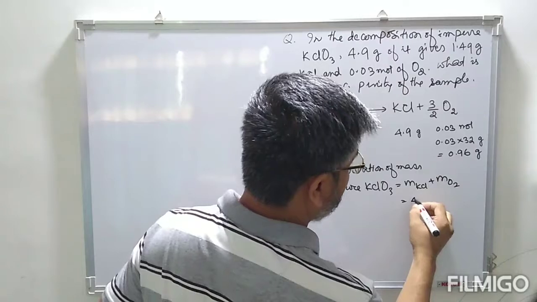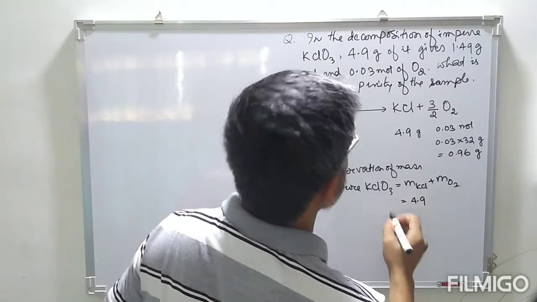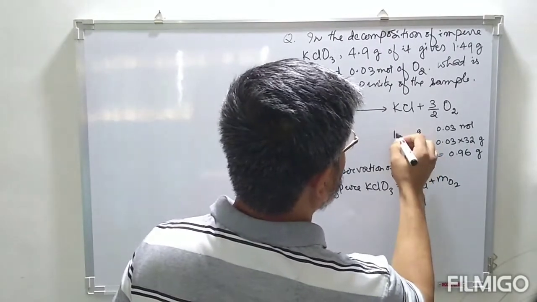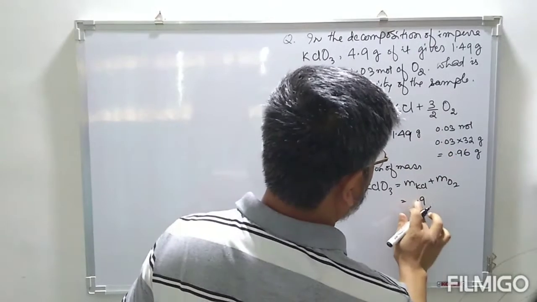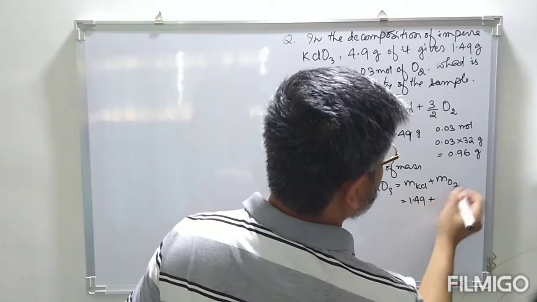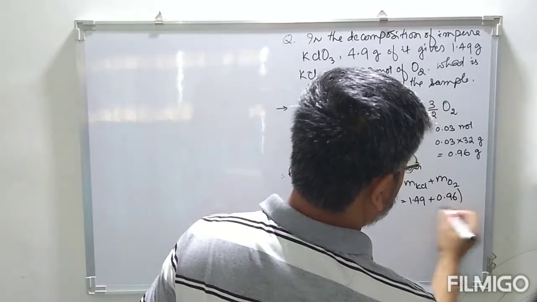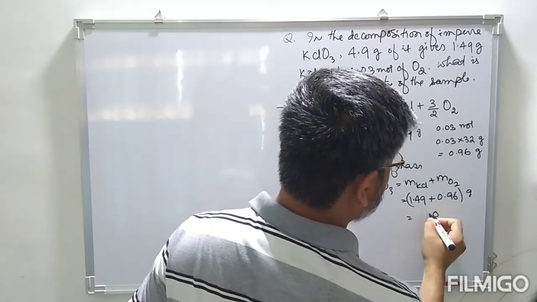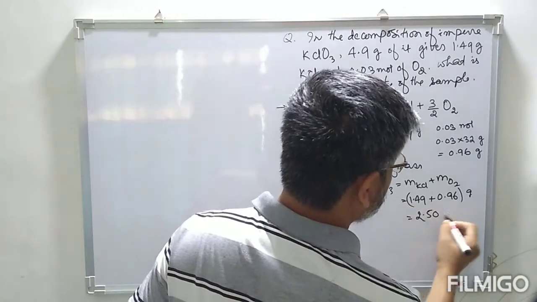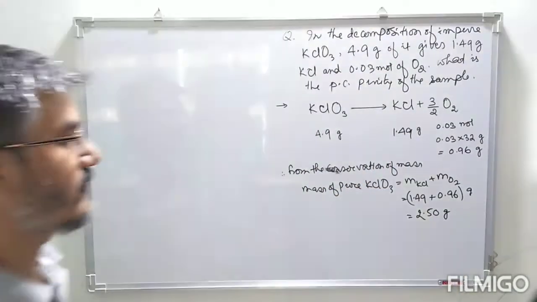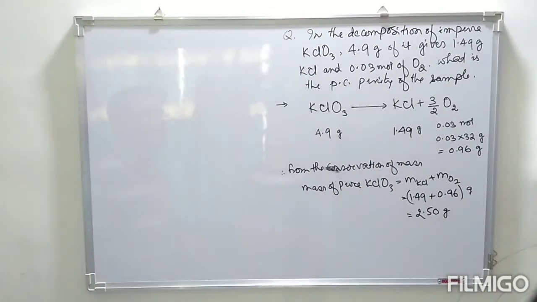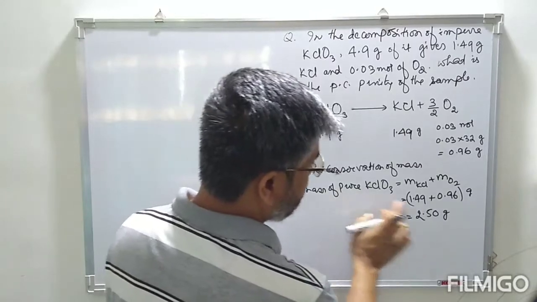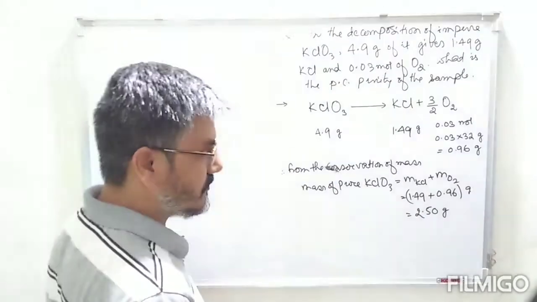The mass of KCl is 1.49 plus mass of oxygen is 0.96 gram. So this comes out to be, so look at this, mass of pure sample is 2.5 gram.